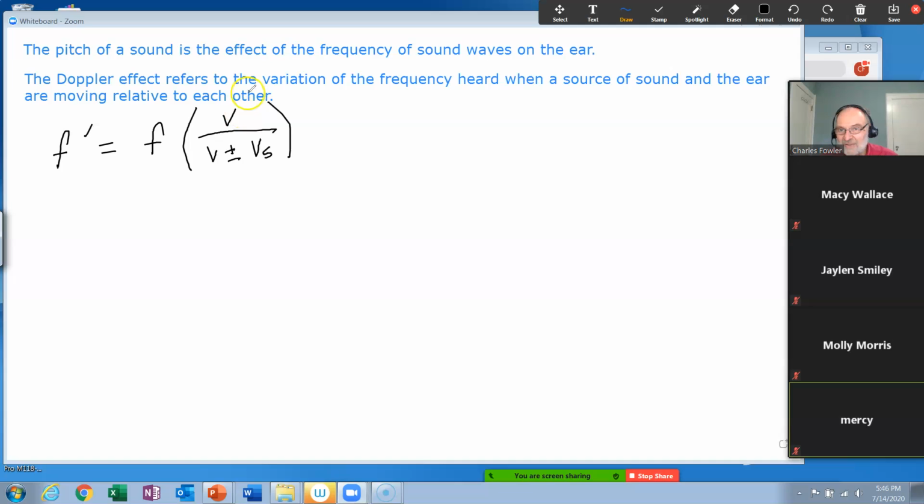You better not have any units in here. Well, velocity on top, velocity on bottom, meters per second, feet per second, whatever. It's going to be the same, so that it's not changing units at all. This is just a ratio. Now, why is there a plus and minus there? The plus sign in the denominator is used when the source is moving away.